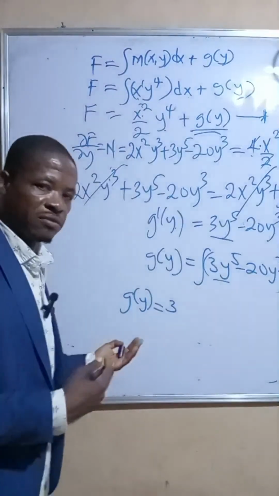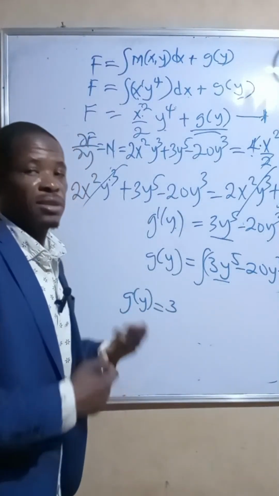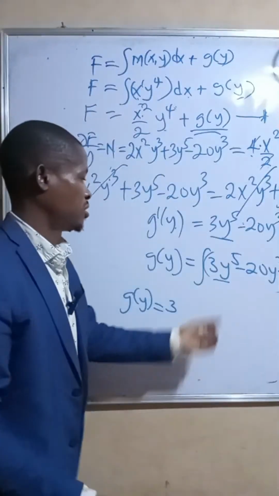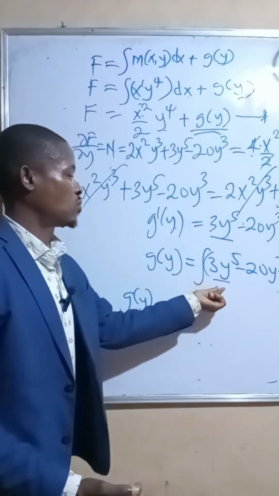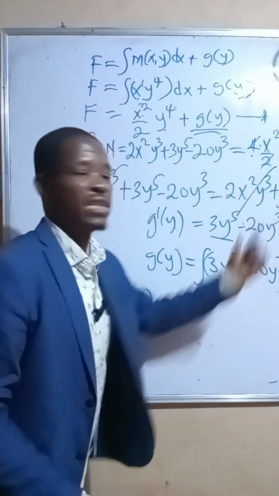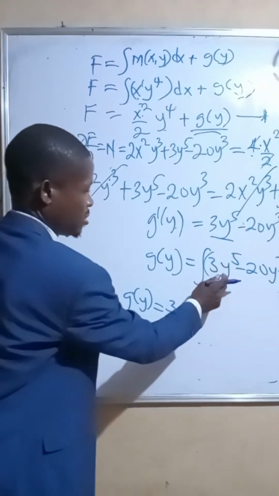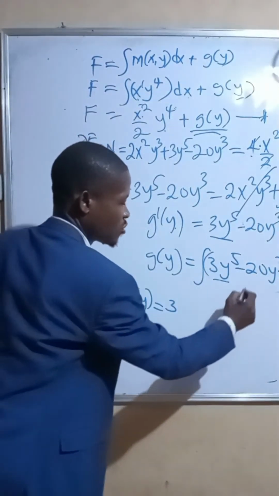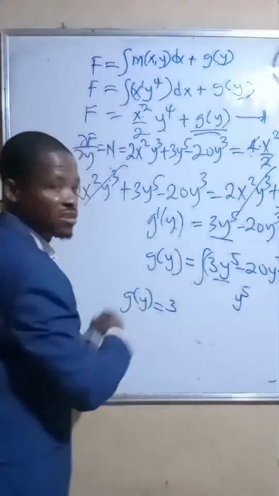When you have an integral of a difference of functions, it's the integral of each of those functions: the integral of 3y to the power 5 minus the integral of 20y to the power 3. You're only integrating y to the power 5; 3 is just a constant.